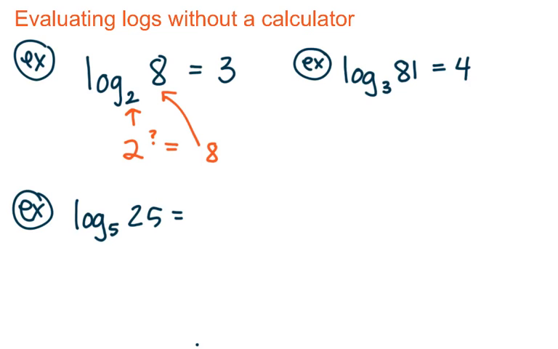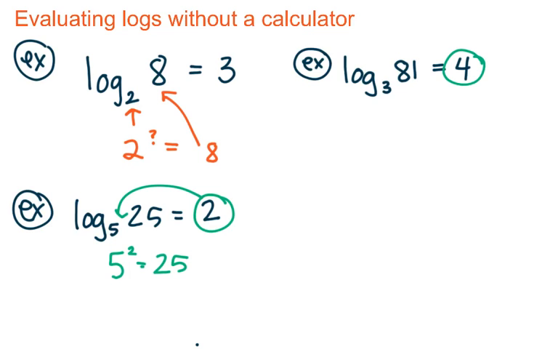And that's equal to 2. Okay, so whatever number you're getting as your output, it should always fit in there, and you could say 5 squared equals 25, or 3 to the 4th equals 81.